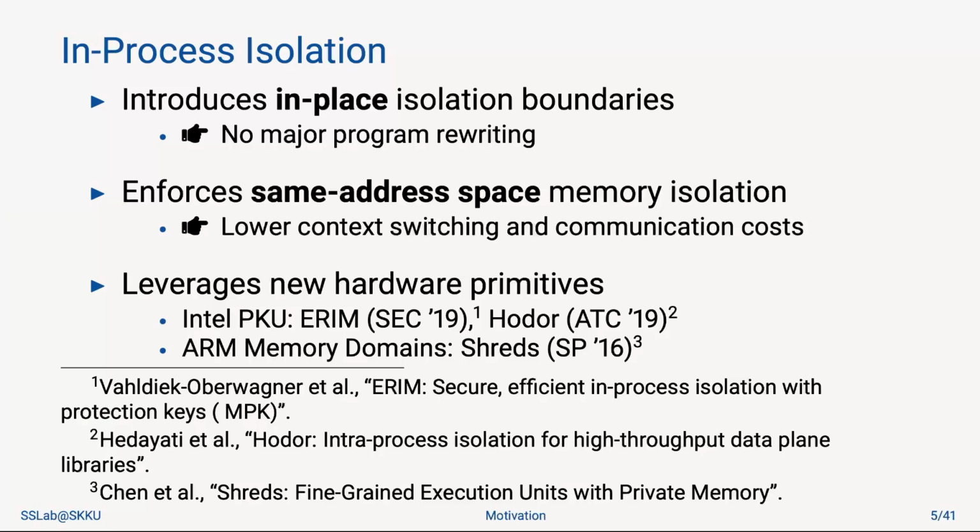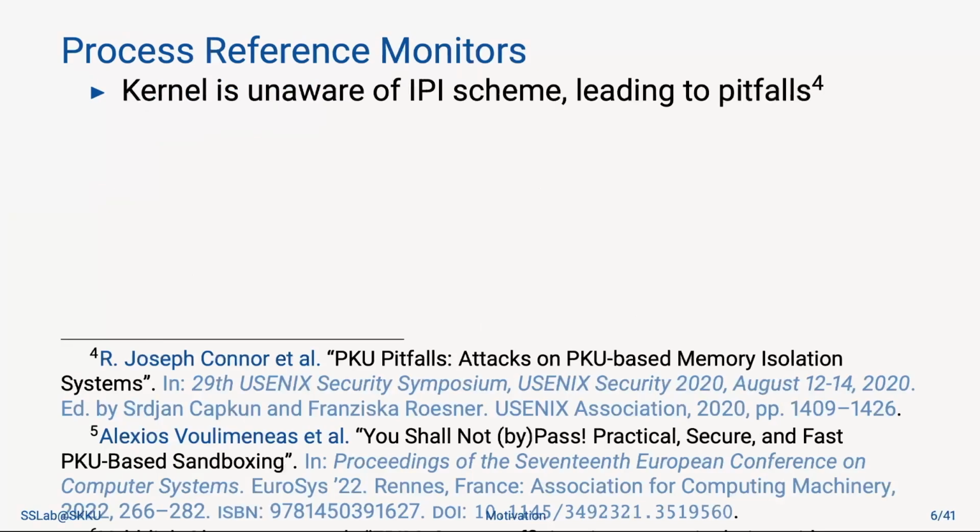For example, on Intel x86, there's the PKU feature that enforces domain memory isolation for memory pages. On ARM, there was a feature called memory domains. However, it's only available in ARM 32 bits and was removed for ARM 64 bits.